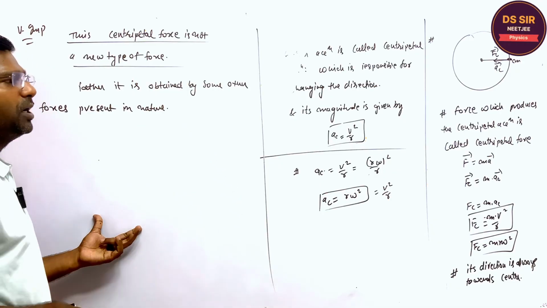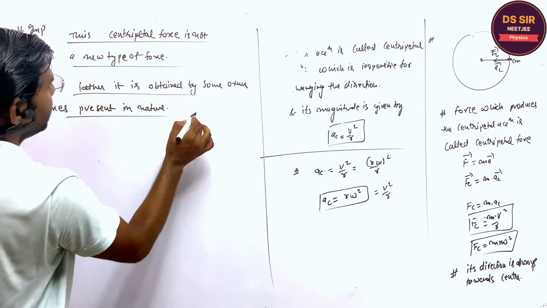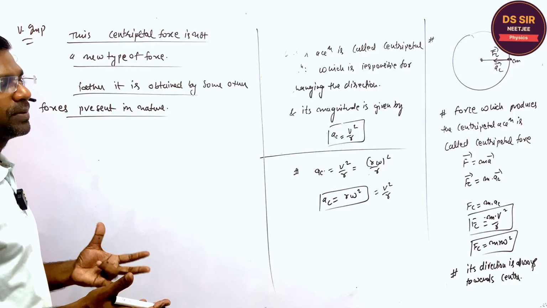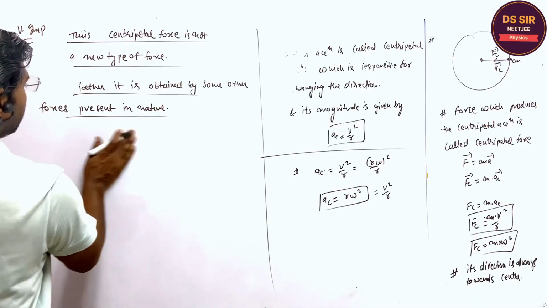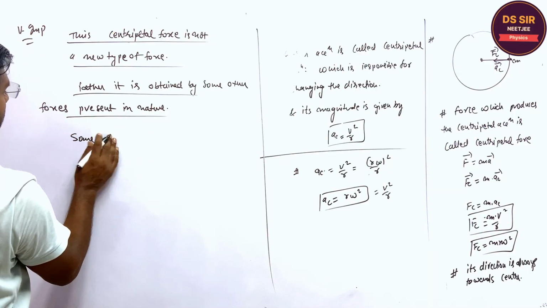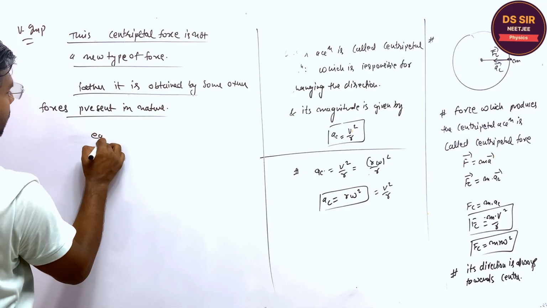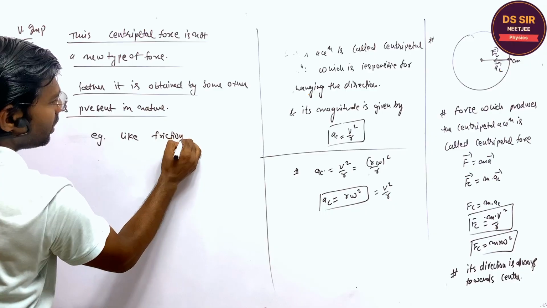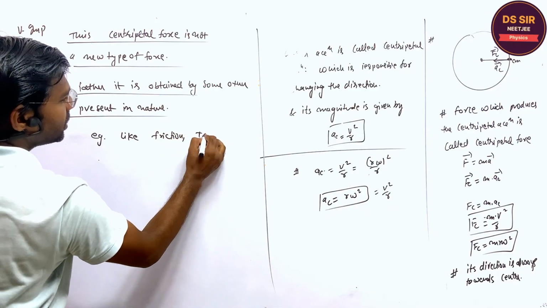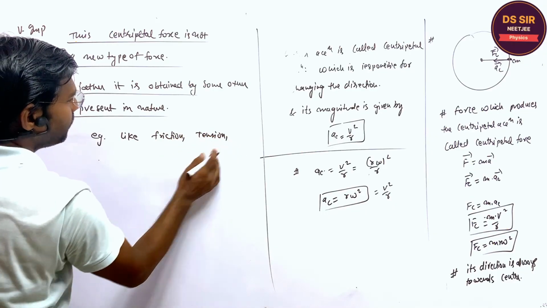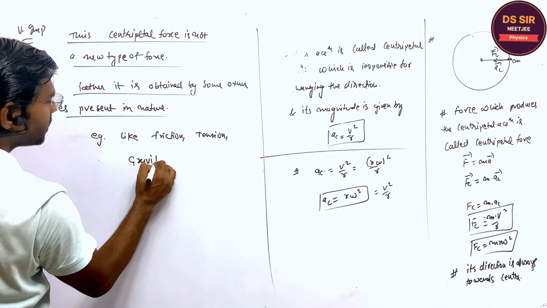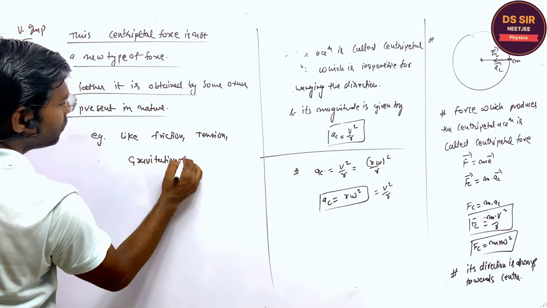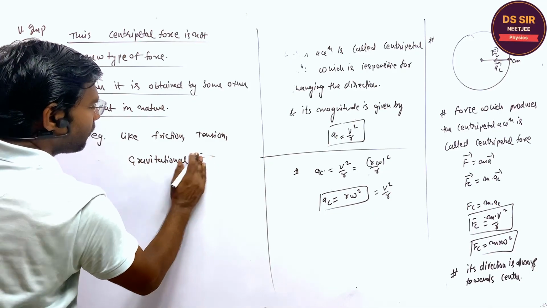It is obtained by, or you may say it is the resultant of, some other forces acting on the particle, right? Sometimes it is friction, like tension in the string, sometimes gravitational force, sometimes electrostatic force.